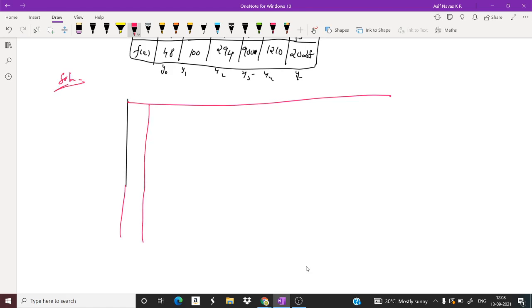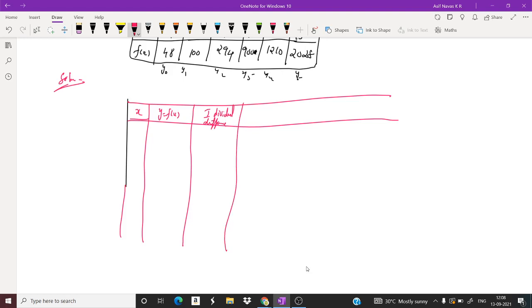First x values, then y equal to f of x values, then first divided difference, second divided difference, third divided difference, and there are 5 points, so up to the fourth divided difference.